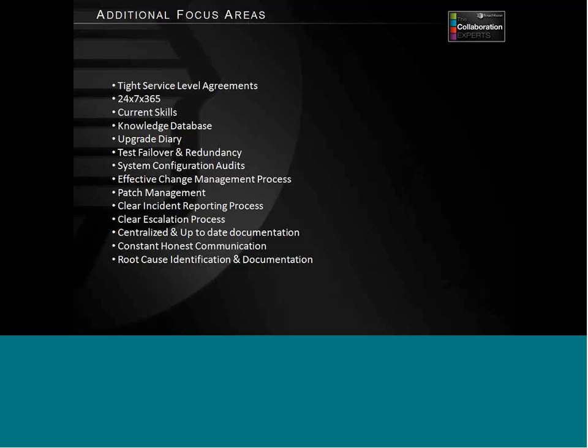But again, we constantly find that clients who have invested in the initial technology have also invested in upgrade protection with the manufacturer, but are not leveraging it because the day-to-day stuff takes them away from these housekeeping items.